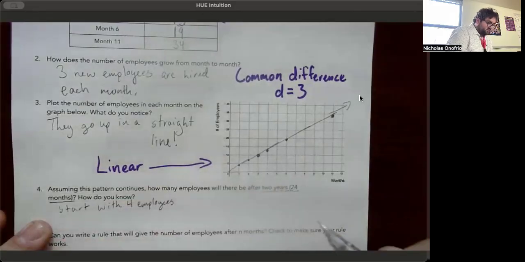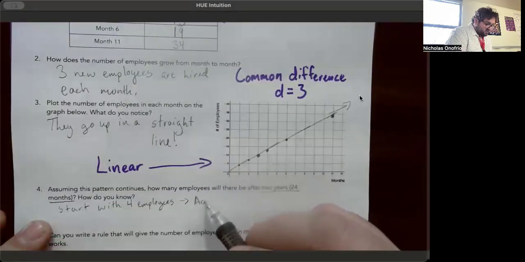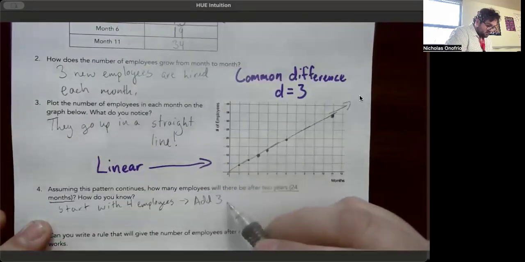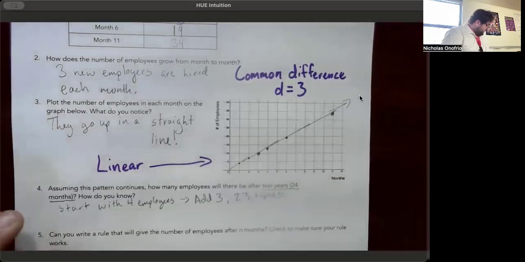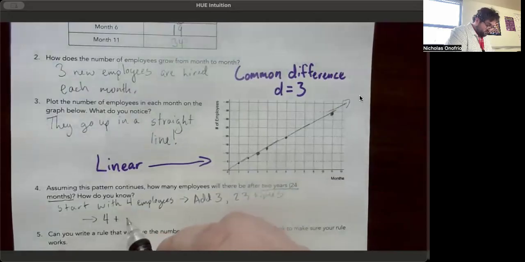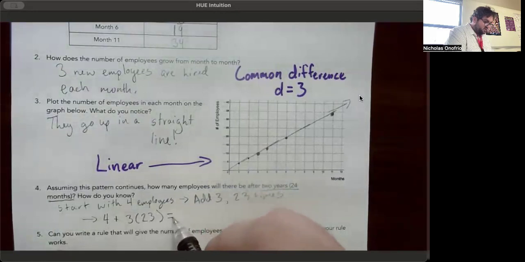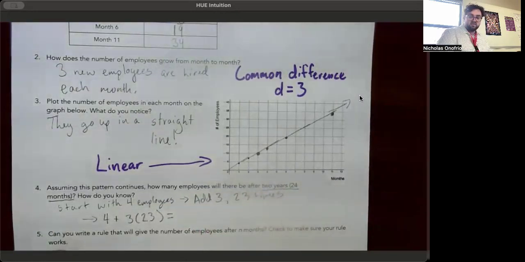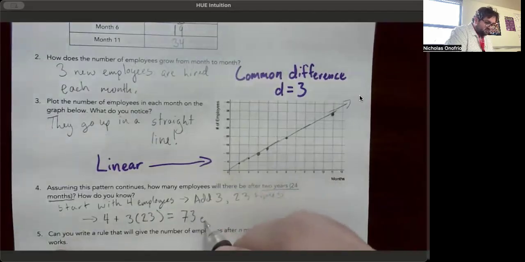And then we go for 23 months, and then we're going to add 3, 23 times. We want to put that in kind of an equation. It would look like 4 plus 3 times 23. Put that equation in, do our math, and it's going to give us 73 employees.